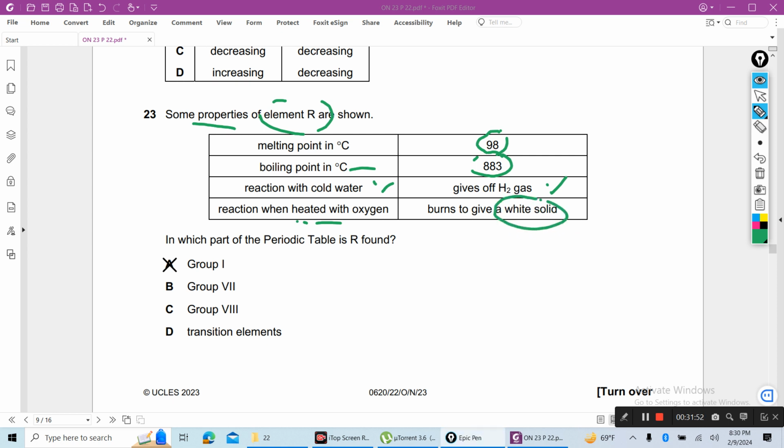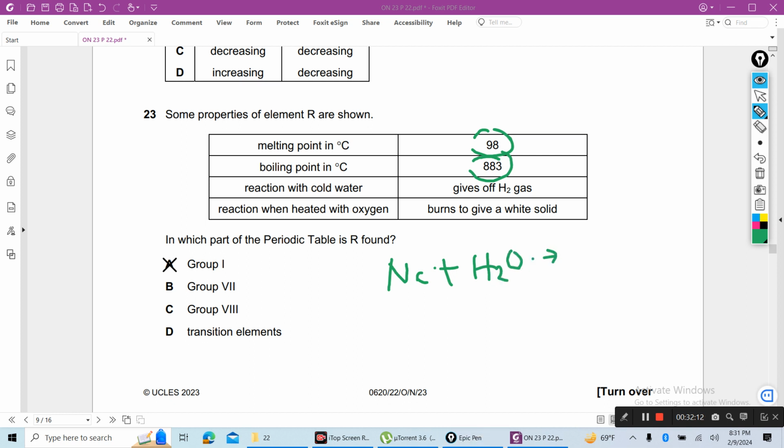Depending on these properties, this will be answer A, group 1, because group 1 has a low melting point and low boiling point, and a group 1 metal, say sodium, reacts with cold water to produce sodium hydroxide and hydrogen gas, and also reacts when heated with oxygen.